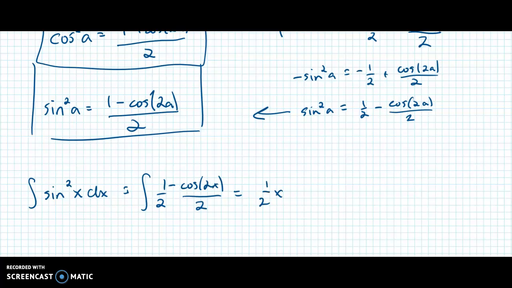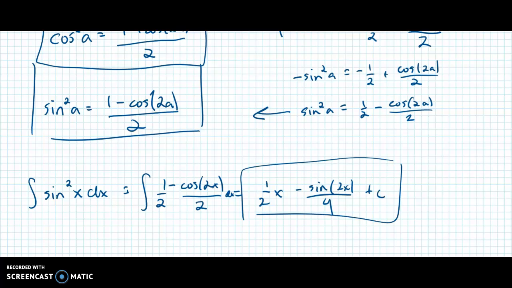That's 1/2 x dx. And then cosine integrates to sine, you've got to really be careful with your negatives and positives, and you'll get used to it over time. But this is a cosine, which would integrate to a positive sine, but it is negative. So we get negative sine of 2x, and then I've got to deal with my chain rule, over 4 plus a constant. So now I can integrate something that I couldn't integrate before, that is going to come up all the time.